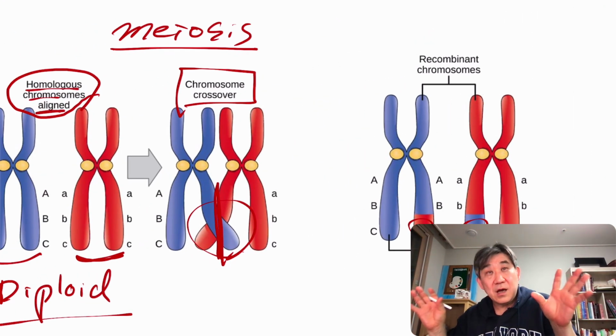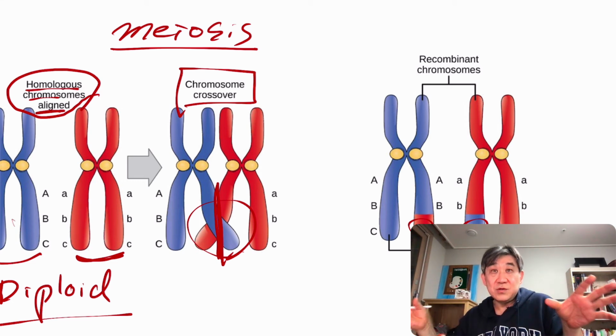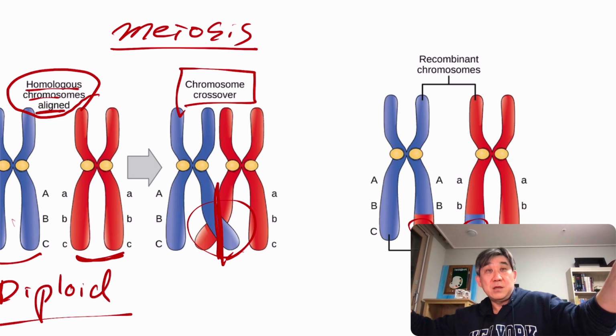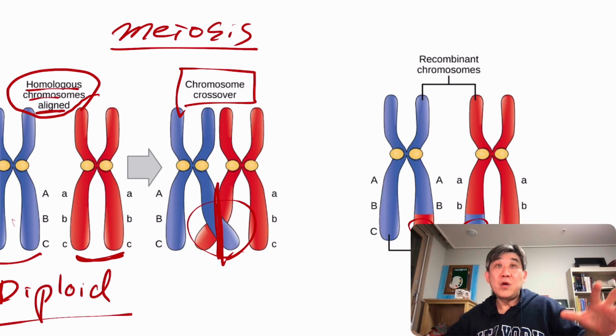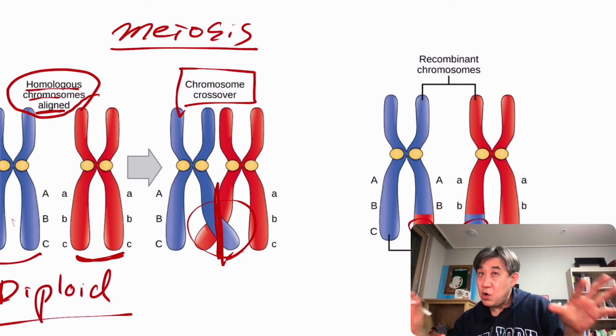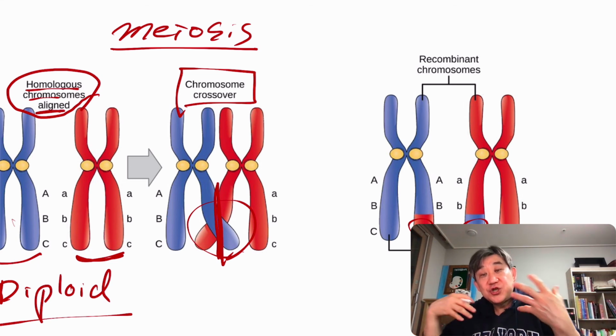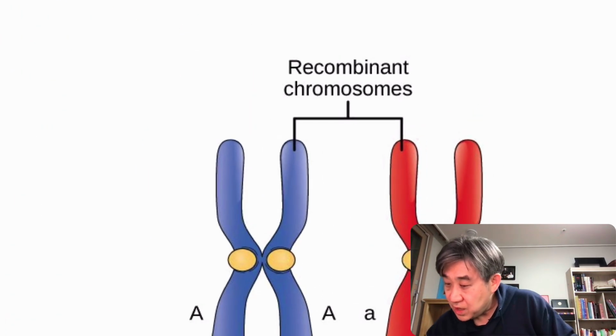Although basically they are the same chromosome, the detailed nature of these two chromosomes can differ, of course. Why? Think about it. Because these two chromosomes' origins are different. Your father and your mother have lived independently in their lineages for a long time. So how can you expect that the actual DNA sequences of these two homologous chromosomes are 100% identical? Not necessarily so. So in this way, you get a shuffling of DNA sequence. This is what you call recombination.